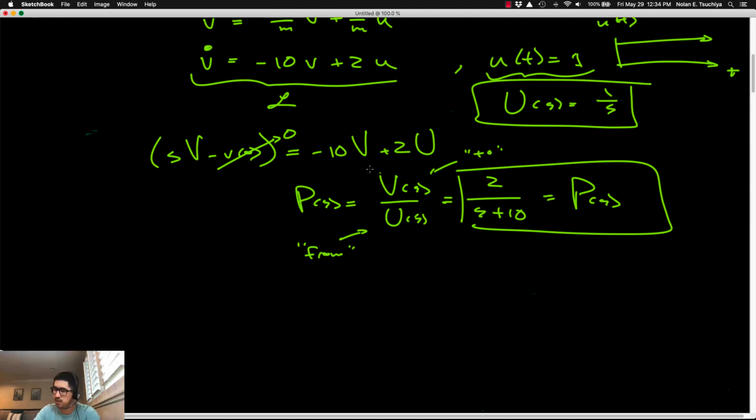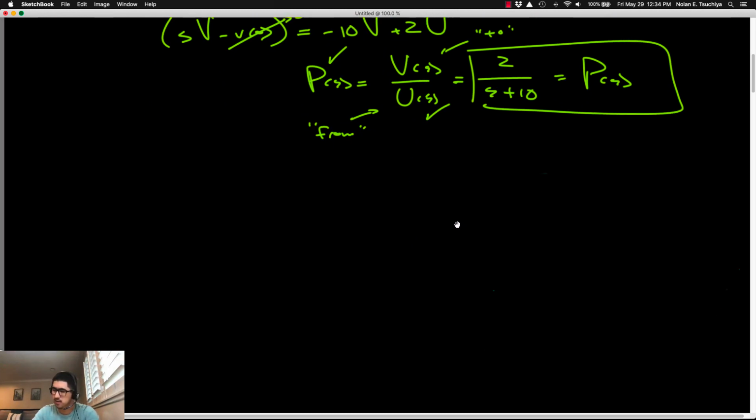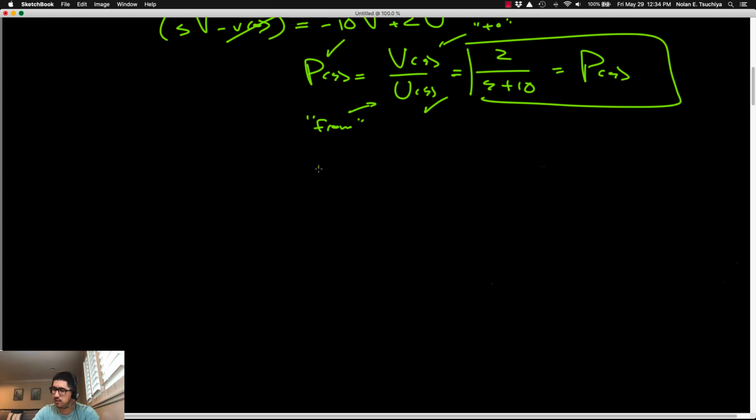It says that p is equal to v over u. I know the plant model is p, and I know the input u. So algebraically, if I solve for v, I get that v is equal to p of s times u of s. That's kind of the entire point of forced response, is that in the Laplace domain, the mathematics are very simple.